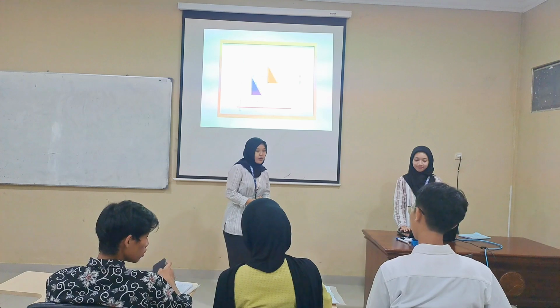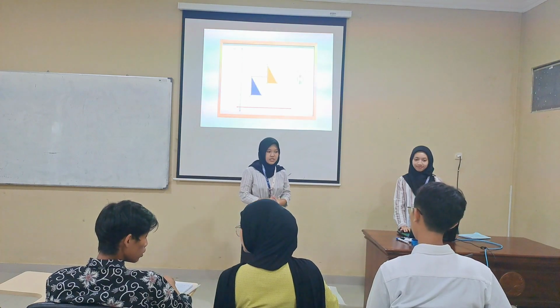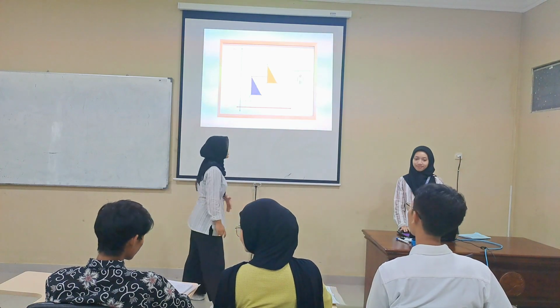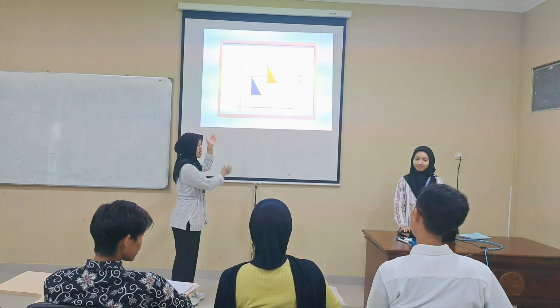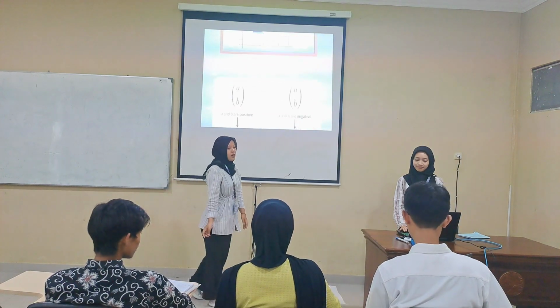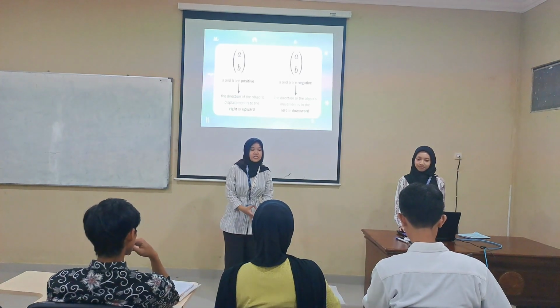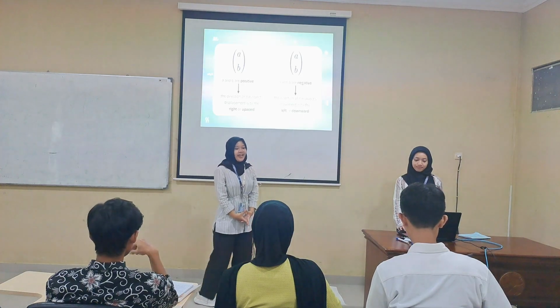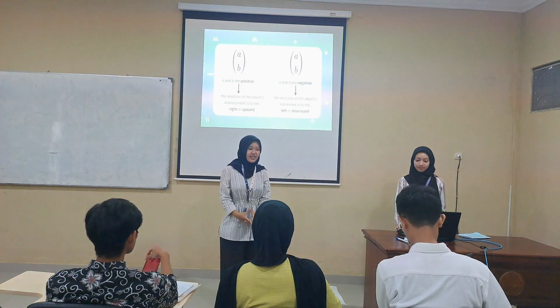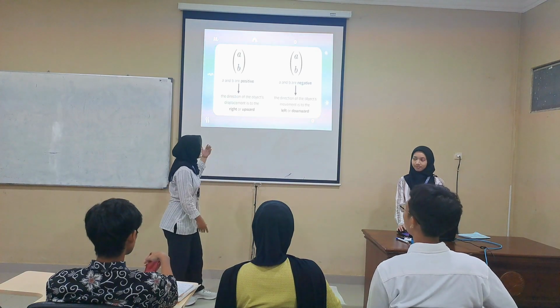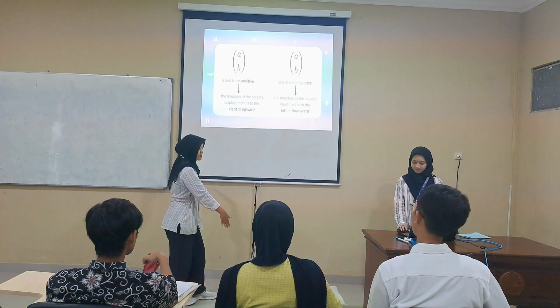When a and b are positive, the direction of the object's displacement is right and upward. And if a and b are negative, then the direction of the object's movement is to the left or downward.